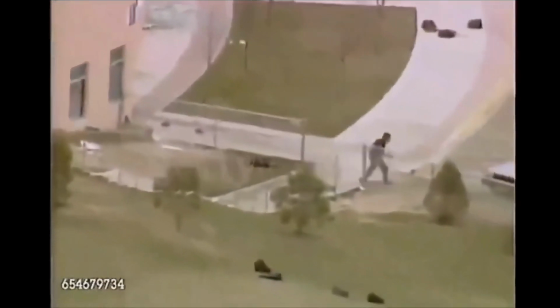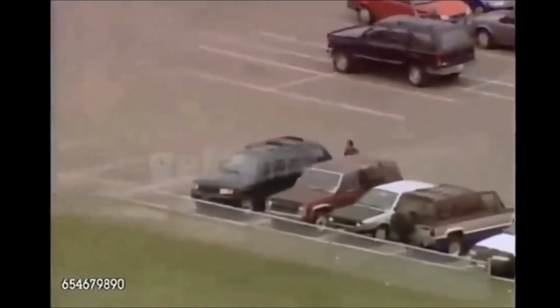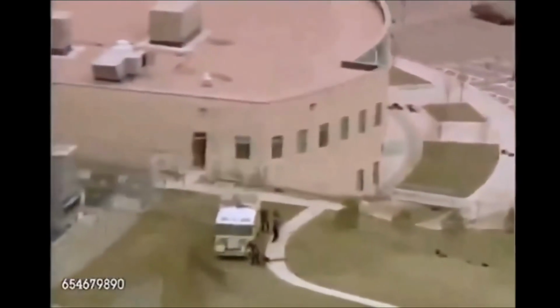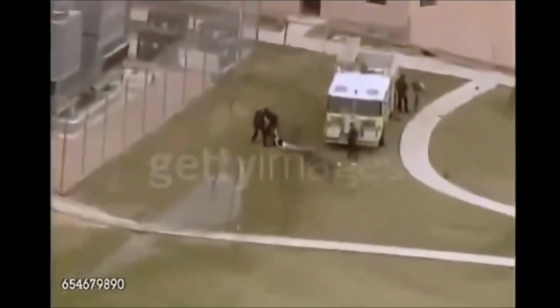Then pans back to the left. And we see them dragging the dummy once again through the mud with the limp arm, no joints, and they leave it in the puddle.